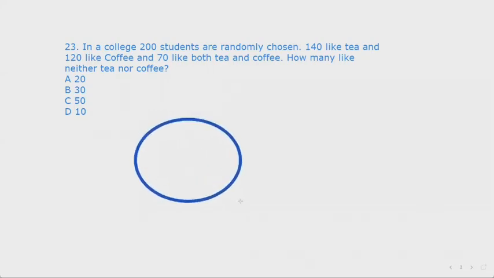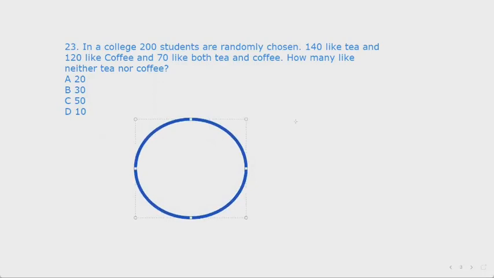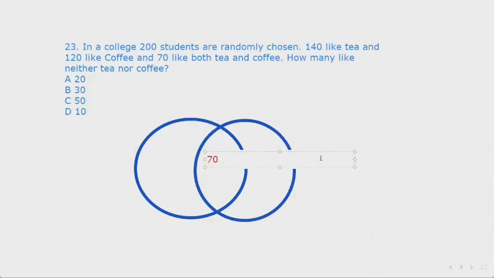This is a very easy question. The approach is simple: first take out the common part. Both are 70. Overall tea is 140, so 140 minus the common 70 is equal to 70.